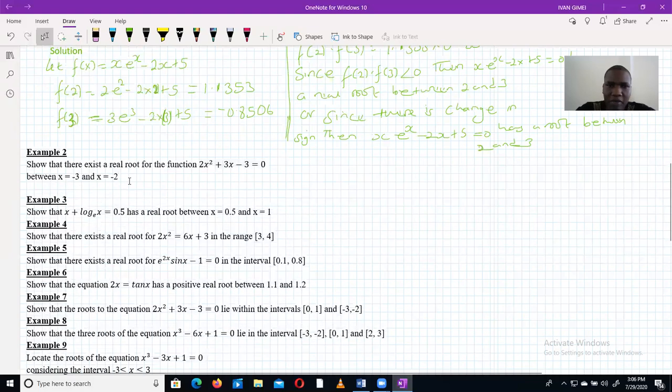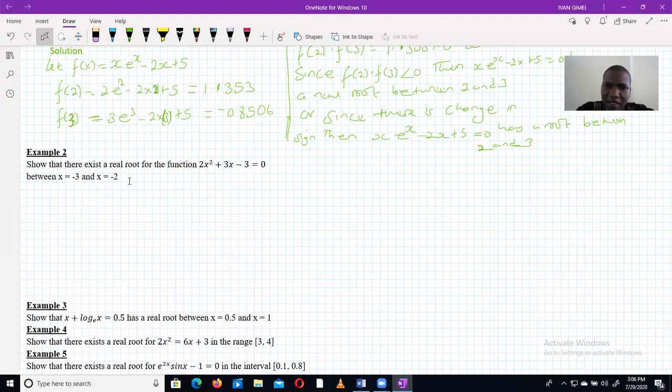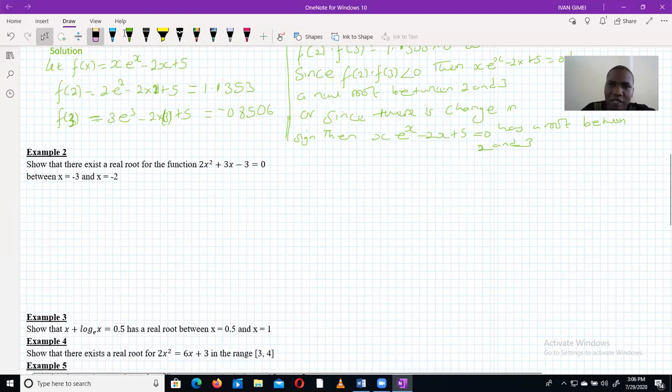Example next, we're saying show that there exists a real root for the function 2x squared plus 3x minus 3 between x equals negative 3 and x equals negative 2. They want us to show that the root is there. Let's see if the root is there or not by using the sign change approach. Of course, we shall have the solution.